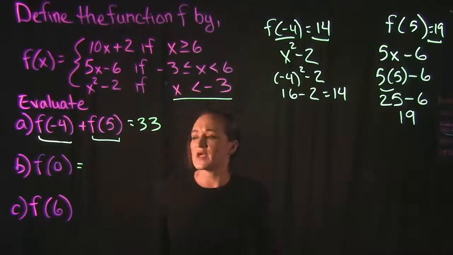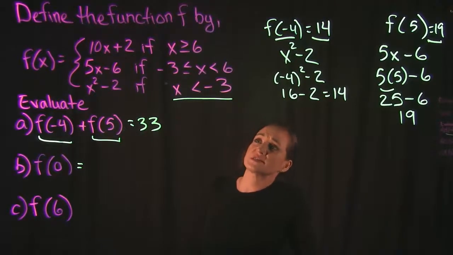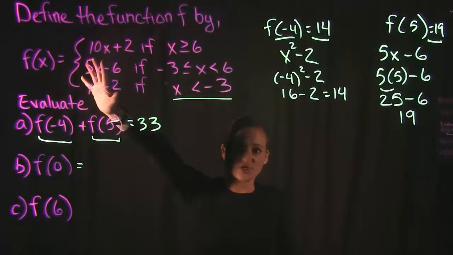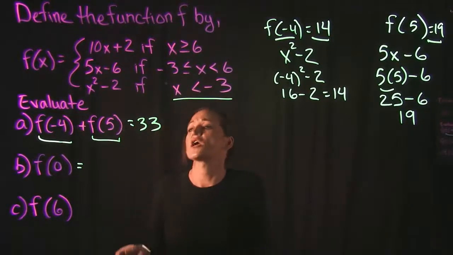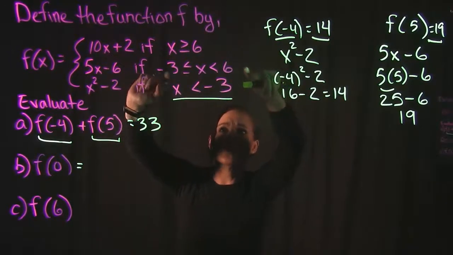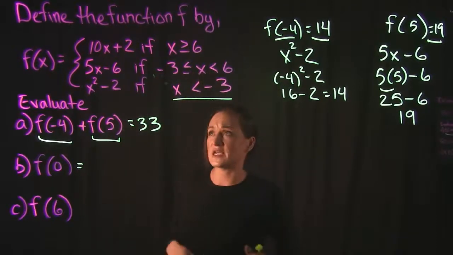For example B, they want us to find f of 0. So we're going to do the same process. Find 0 within our intervals so that we know the right function to use, and then plug in 0 into that function. So 0 is in the middle function here. 0 falls between negative 3 and 6, so 0 does fit within that interval.